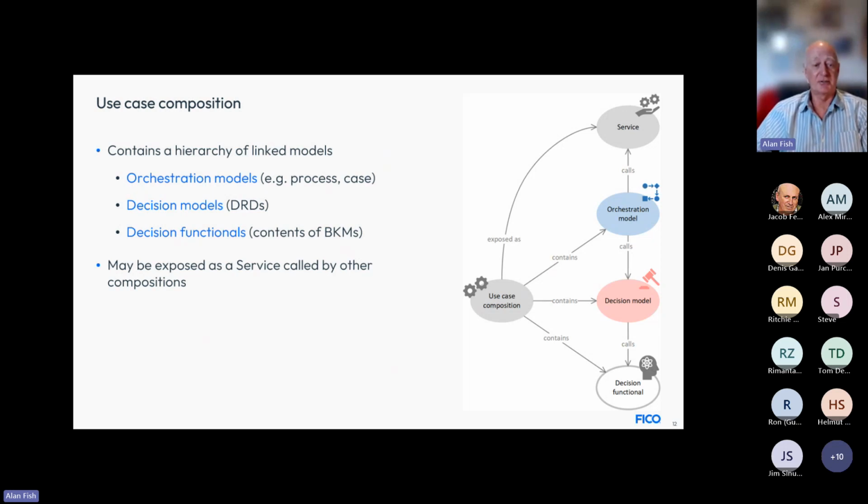So you can see there my use case composition contains a relationship to those three types of asset. A use case composition may also be exposed as a service, which can be called by other orchestration models. So we have a recursive possibility here. From now on, I'm only going to talk about the use case composition as a whole, rather than the underlying components.